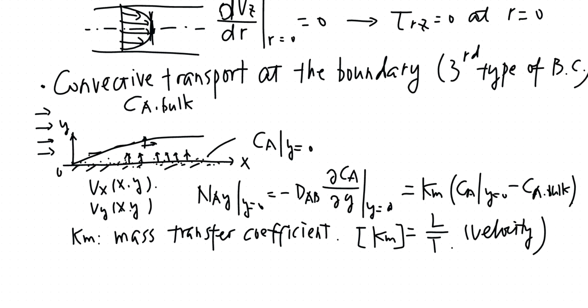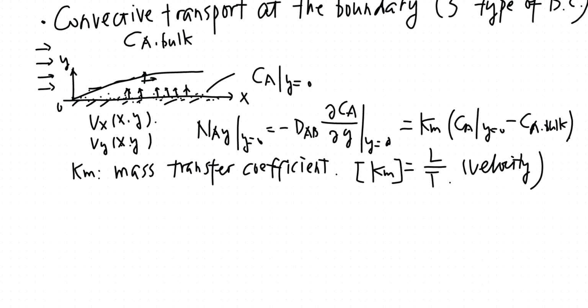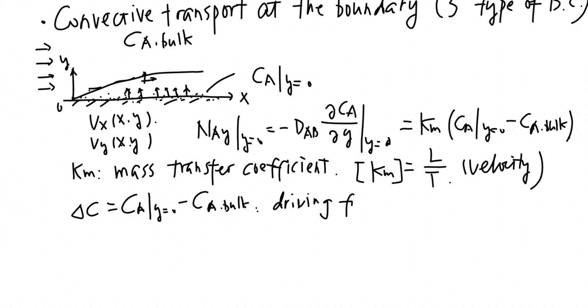This tells us the amount of material being diffused is proportional to the concentration difference between the plate and the bulk. So the concentration difference, Ca at the surface minus Ca bulk, is the driving force for this flux.